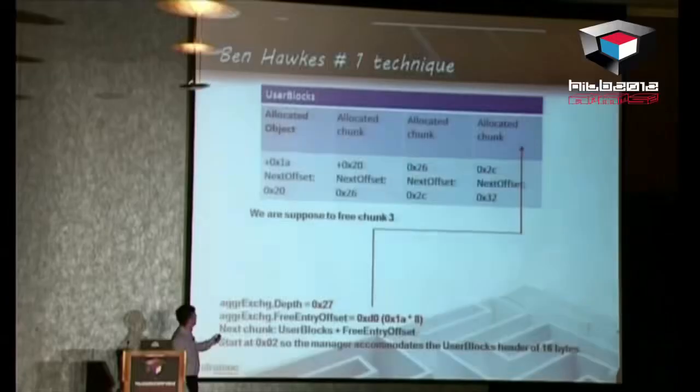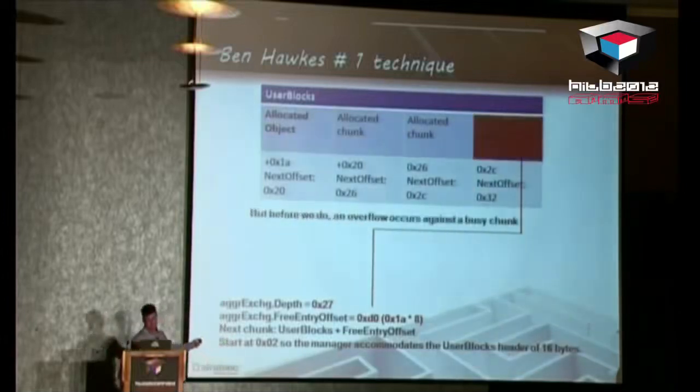So this is really how it's working, right? Let's say in the application we want to free chunk 3, from 0, 1, 2, 3, and then there is an overflow, and the headers are targeted, right? We set it to this allocated object here, this segment offset here. In this case, we're going 3 chunks back.